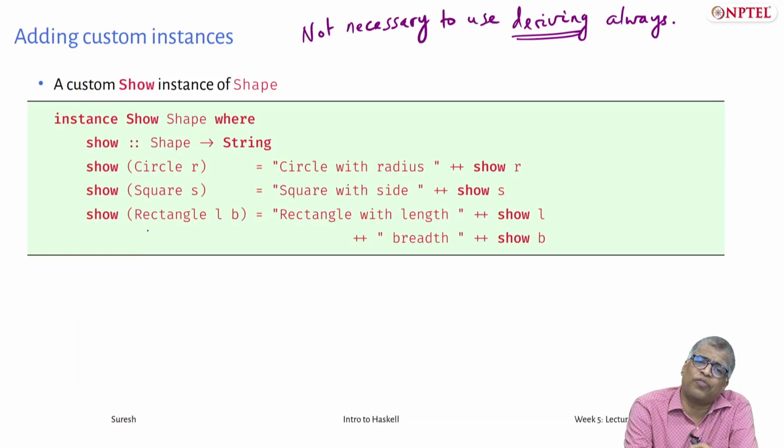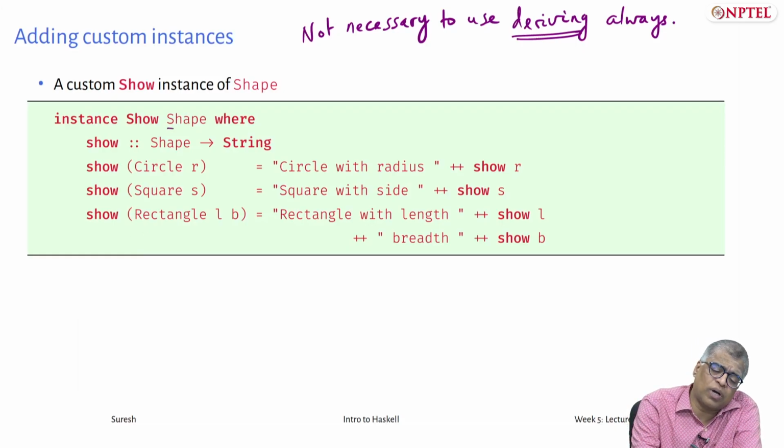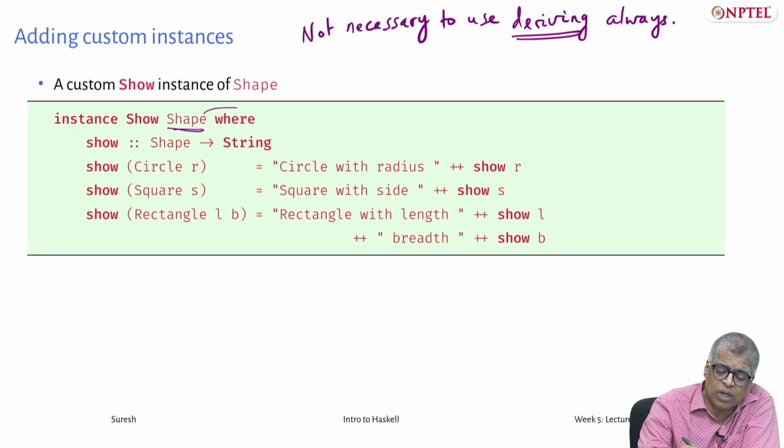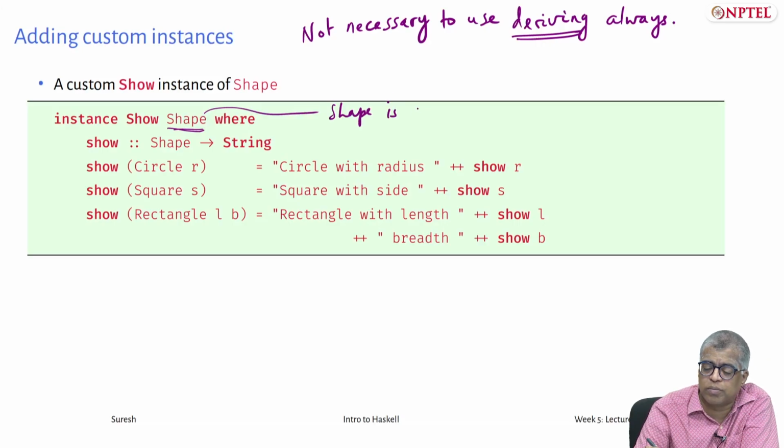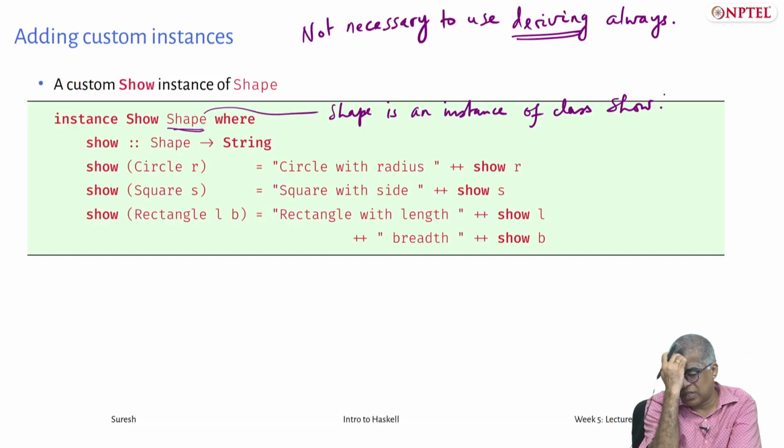To define Shape to be an instance of the class Show with a capital S, this line is saying Shape is an instance of class Show. Or in other words, there is a Show instance of Shape.